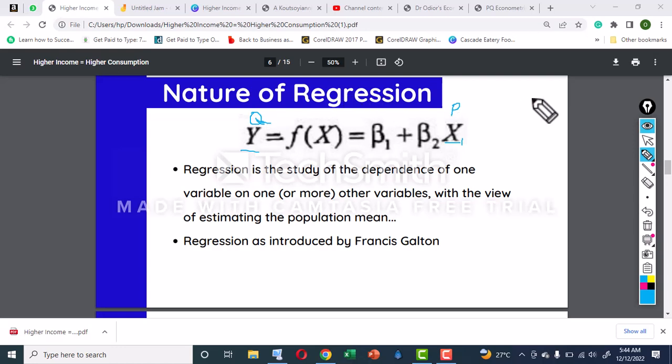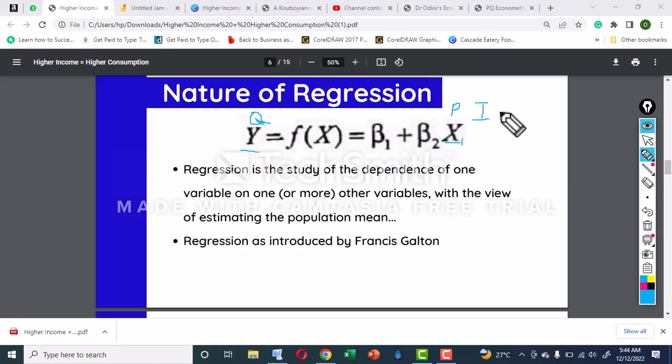But we have other factors that might affect quantity demanded, like income. Let me just use I to represent income. If we put income also in this model, that means we have two explanatory variables explaining this quantity demanded. In the typical demand, we assume every other one is constant, then we pick price.